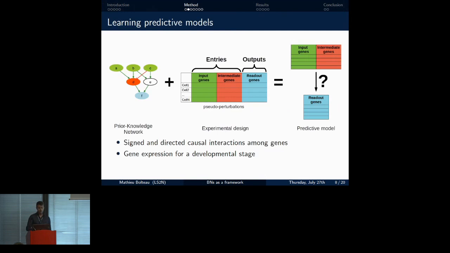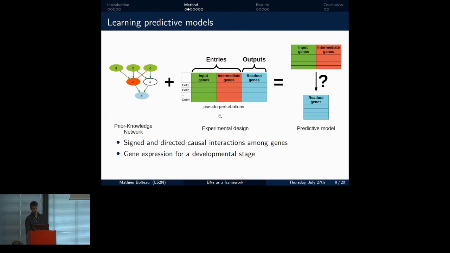So the idea here is to learn some predictive models, and for that we have a prior knowledge network containing signed and directed causal interactions among genes, and we also have an experimental design which contains some gene expression for a specific developmental stage.